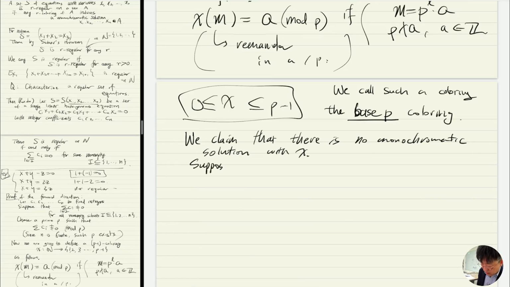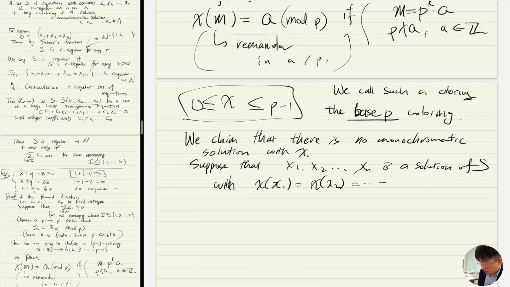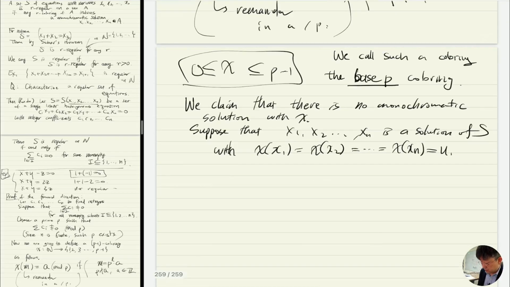Suppose that x1, x2, up to xn is a solution of S where all of these have the same color. Right?